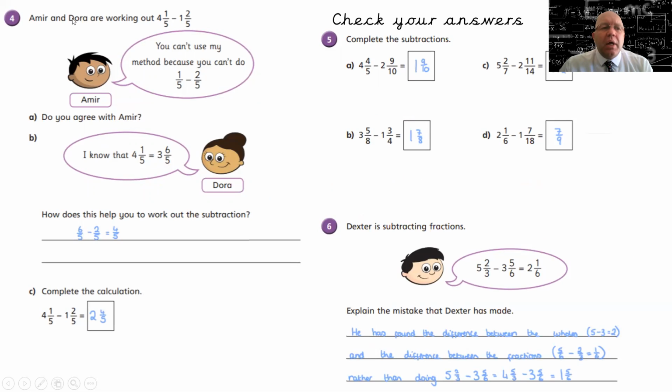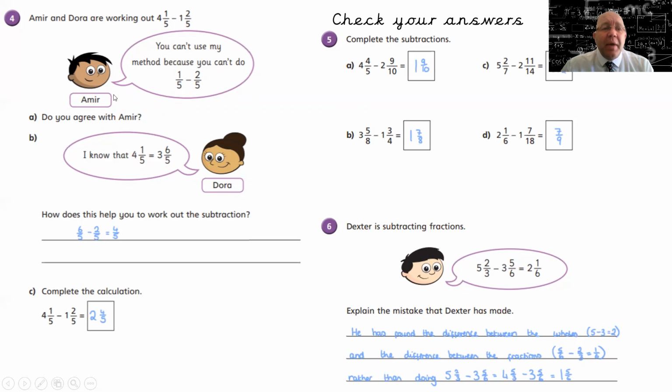Okay, here's your answers. Amir and Dora are working out 4 1/5 take away 1 2/5. And Amir says you can't use my method because you can't do 1/5 take away 2/5. Do you agree? And then I know that 4 1/5 equals 3 6/5. How does this help?